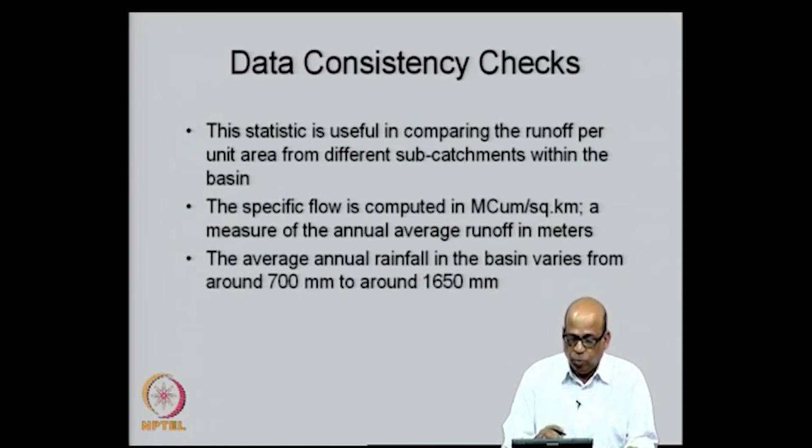So, through this statistic, which is the specific flow, we compare the runoff per unit area from different sub catchments within the basin, and the specific flow is computed in million cubic meters per square kilometer and a measure of the annual runoff in meters in the depth units.